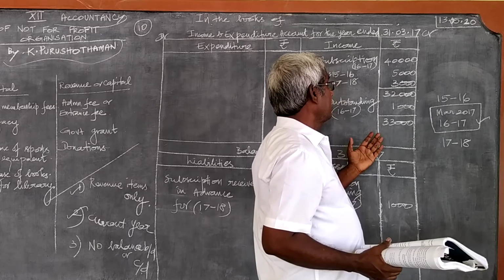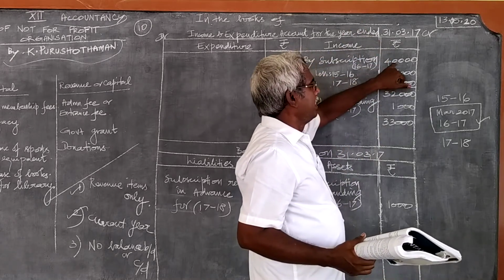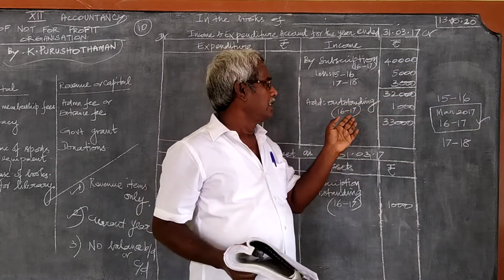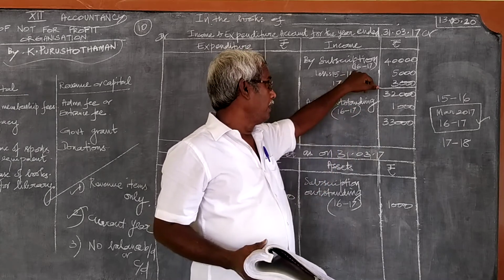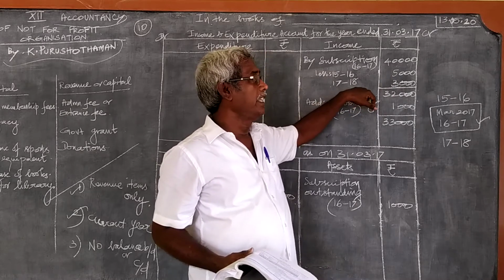In that case, the total amount received in the year 16-17 is 40,000. The full amount is not for the year 16-17. That amount includes 5,000 for 15-16 and 3,000 for the coming year 17-18.